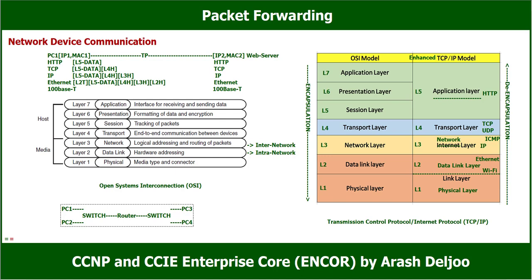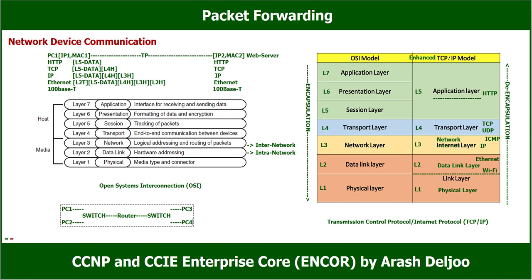All right, we will learn more about these features. Here we are trying to review the functionality of the OSI and also TCP/IP model. This is the first step. In the first step, in the packet forwarding learning, we have reviewed the OSI and also TCP/IP model and their relation to each other.